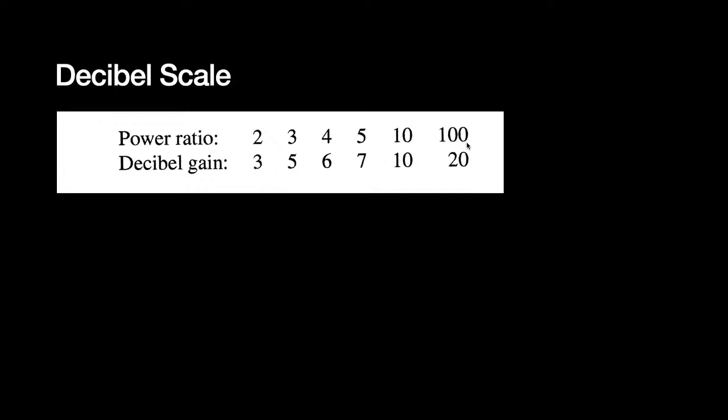So for example, if the power gets doubled, it's a 3 dB gain. Do remember this. If power gets tripled, then it's 5 dB gain. Remember, if power increases to 4 times, it is just a gain of 6 decibels, and so on and so forth.